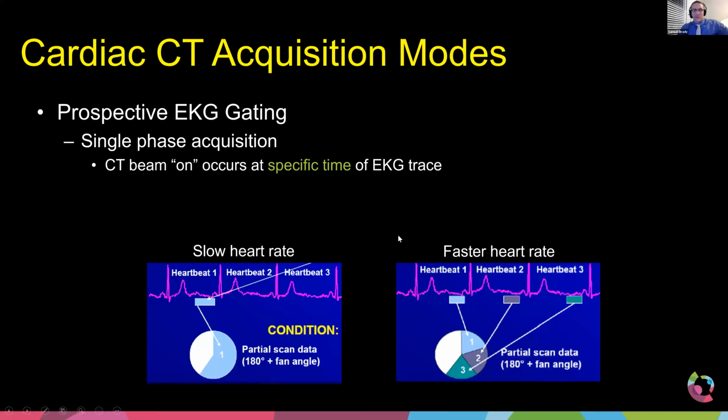So it's not necessarily that we're just going to sit and scan and overexpose the patient. If we use what's called prospective EKG gating, we hook up the patient and set up the EKG, so we're collecting the heart rate, the trace of the heartbeat.